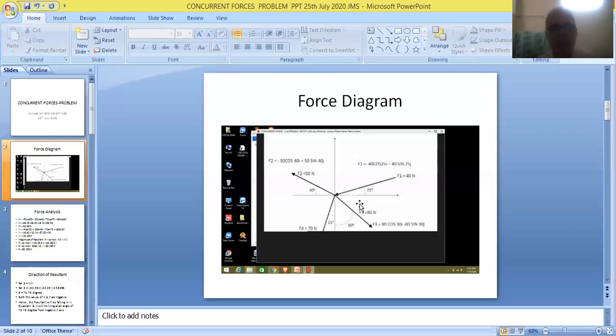Theta 3 must be taken as 90 minus 60, that is 30 degrees. Theta 4 must be taken as 90 minus 15, that is 75 degrees. So friends, selection of angles, writing horizontal and vertical components, giving directions for horizontal and vertical components, and allocating plus and minus symbols, plus symbols for forward and upward forces, minus symbol for backward and downward forces.